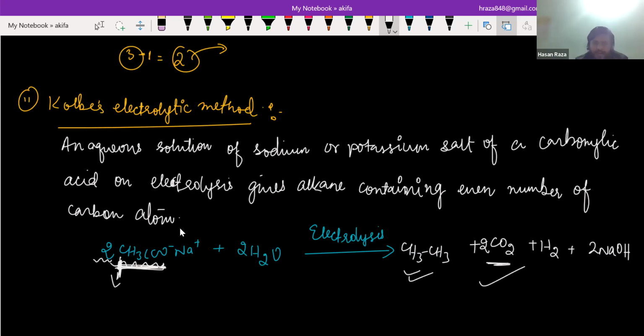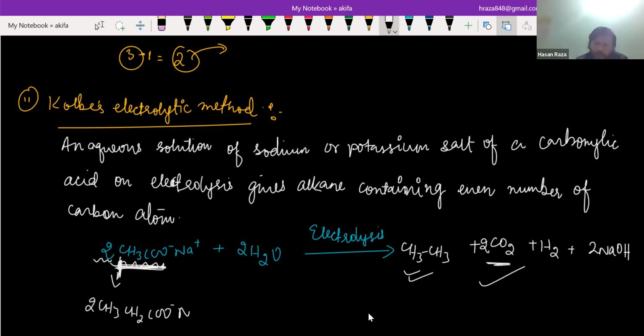First you have to release CO2, carbon dioxide, and then with the number of carbon left, you have to double it. If we have CH3CH2COO minus Na plus and 2H2O, and you do electrolysis, what will be the product?